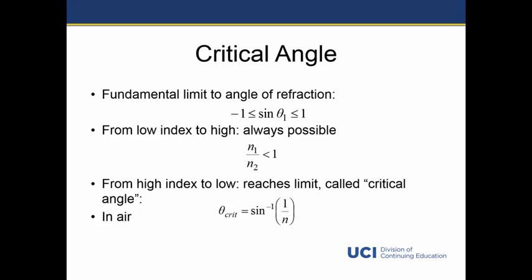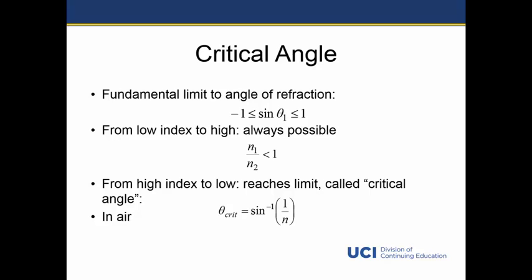But if n1 is greater than n2, so if you're going from a high index to a low index, if this value is greater than 1, then there is a limit on the values of the sine of theta 1 that allow you to calculate a valid value or angle for theta 2.